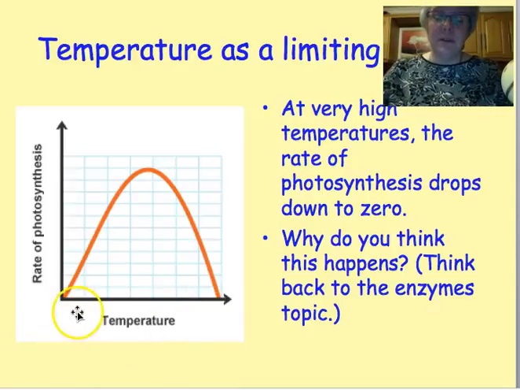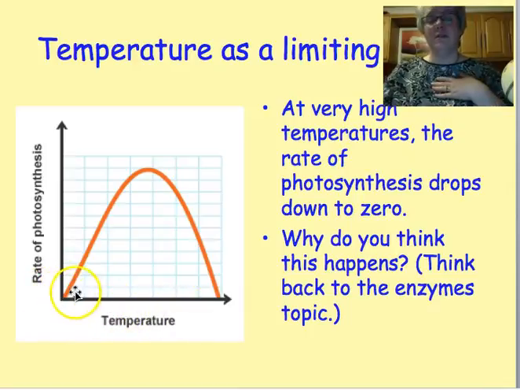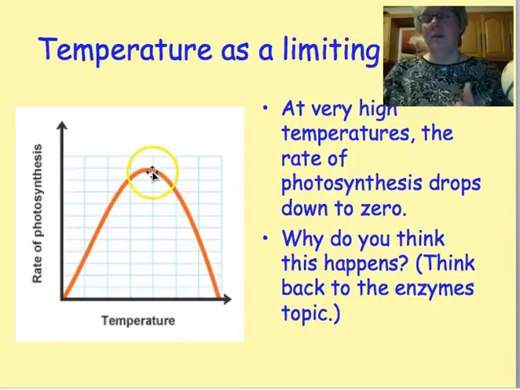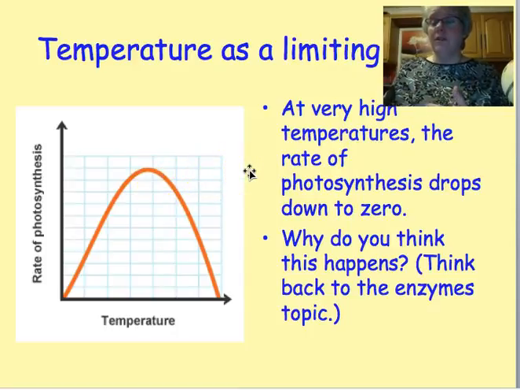So sometimes you might see a graph like this, where as the temperature is increased, the rate of photosynthesis does increase, but you don't get this sort of levelling off. So we're talking here maybe about some temperature above 45, 50 degrees, 60 degrees and so on.